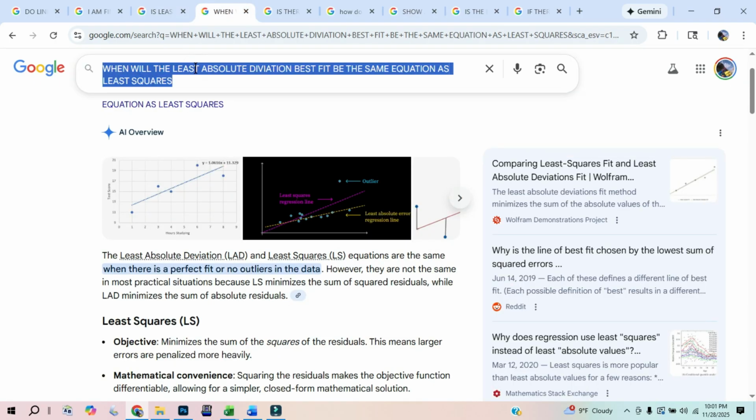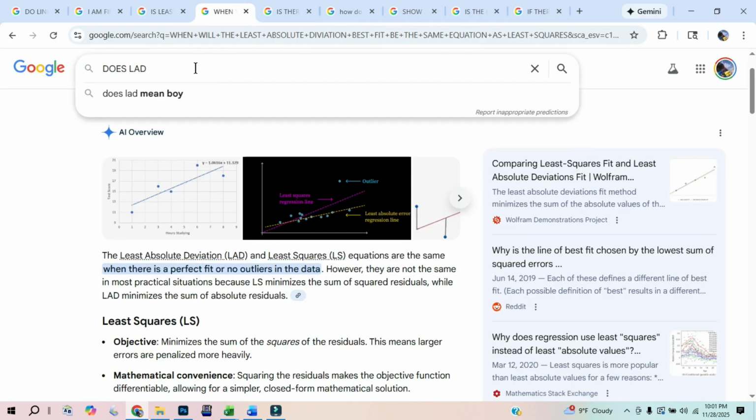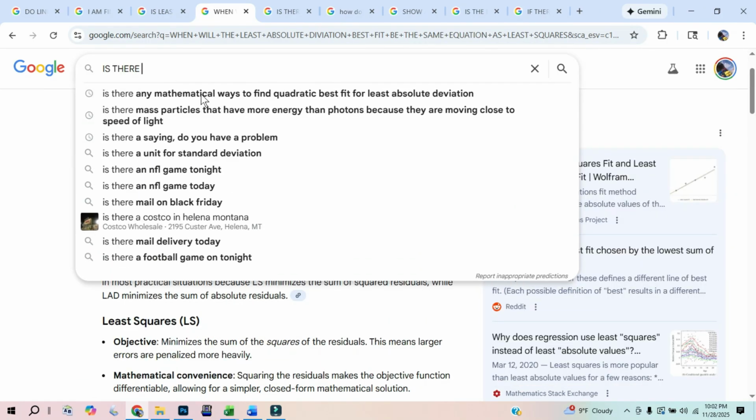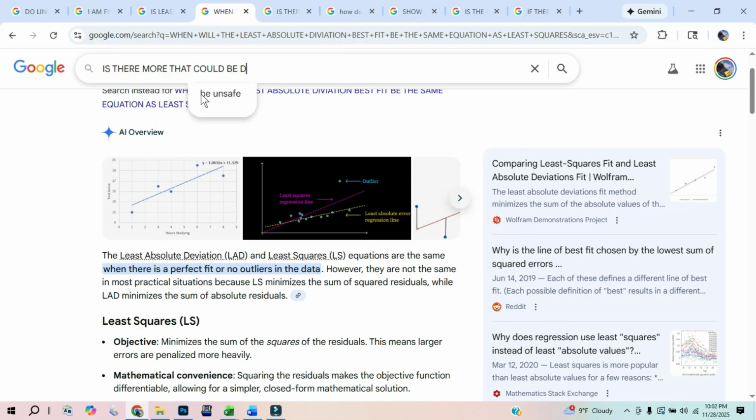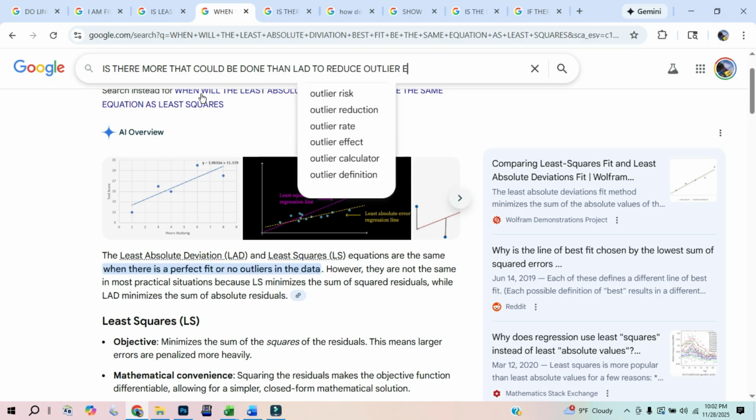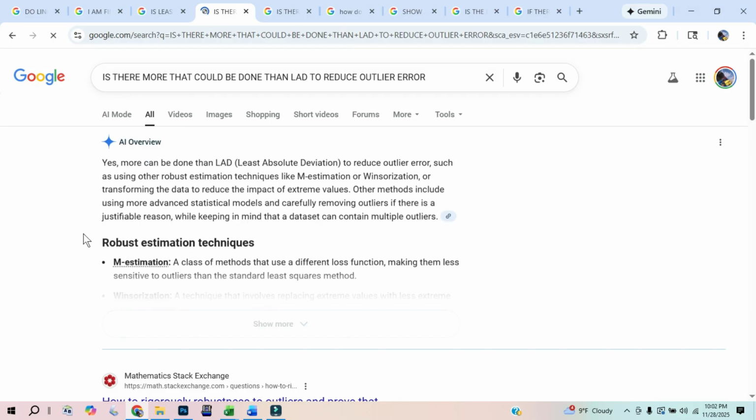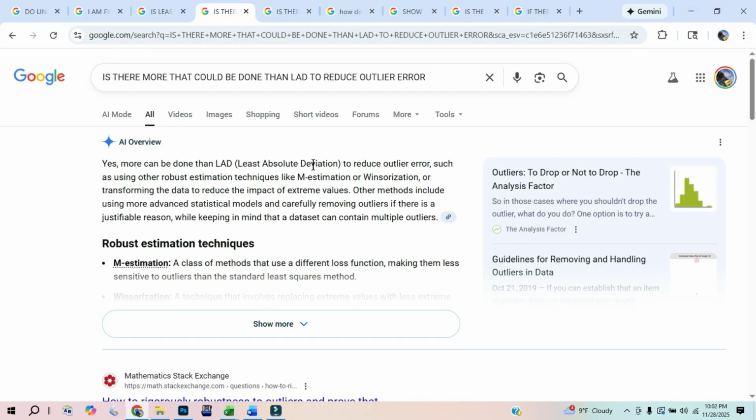So let's ask this. Is there more that could be done than least absolute deviation to reduce outlier error? Yes, more can be done than the least absolute deviation to reduce outlier error, such as using other robust estimation techniques like M-estimation or Winsorization, or transforming the data to reduce the impact of extreme values.